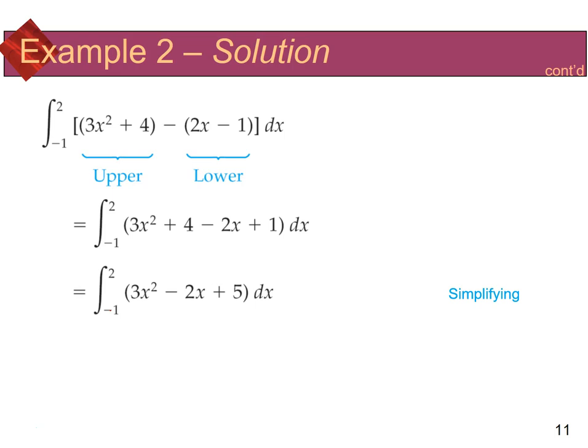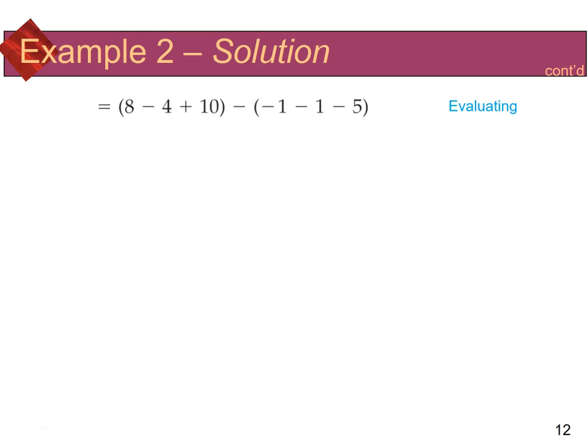I'm just going to treat this like a regular indefinite integral. The integral of 3x squared is x cubed. The integral of 2x is x squared. The integral of 5 is 5x. And I'm going to evaluate this from negative 1 to 2. So I plug the 2 in, which is what you see on the left, and I plug the negative 1 in. I evaluate, and the area between these two curves from negative 1 to 2 was 21 square units.